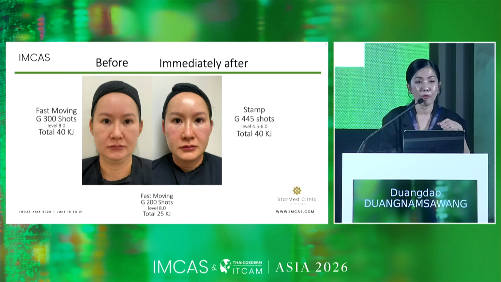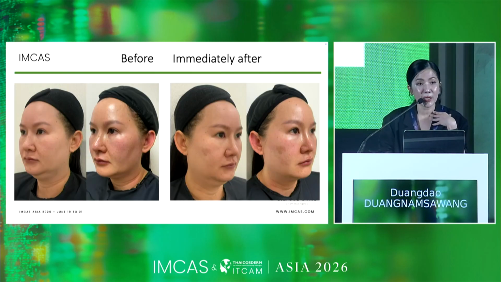We use 445 shots. The level is moderate intensity, but compared with the right side, I use the highest level. And I also treat the submental by the moving technique of G mode. Total energy is 25 kilojoules. Immediately after, I think there's no significant difference between the right side and left side.